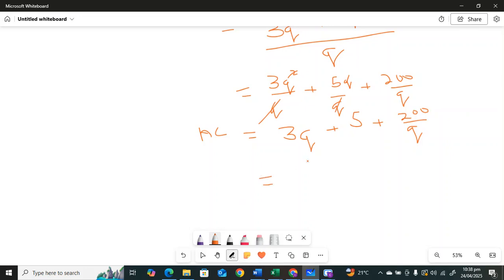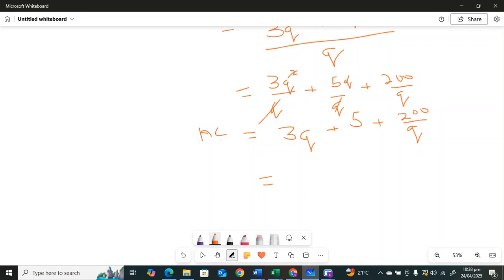Same principles. Think of Q as X. The way we derive 3X, the same way we derive 3Q.